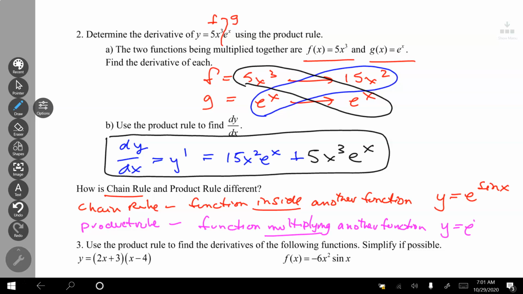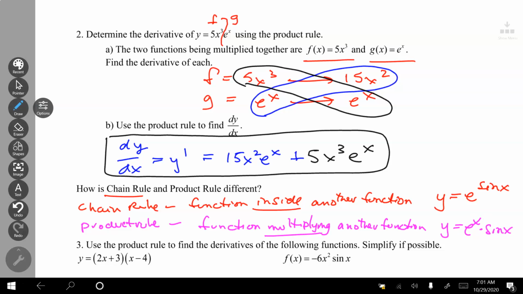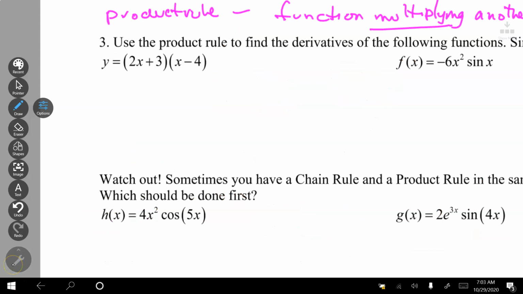Y equals e to the x times sine of x. Notice, both examples have the e function and the sine function, but one has sine inside of e and the other one has sine multiplying e to the x. And I see the variable x two times. They're multiplying each other. Okay, let's try some examples.